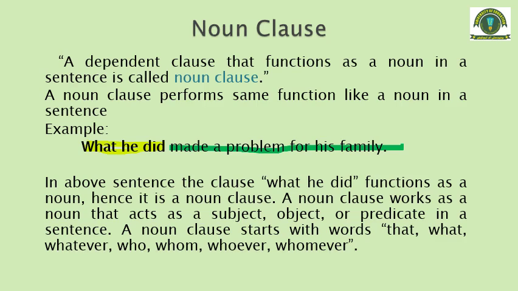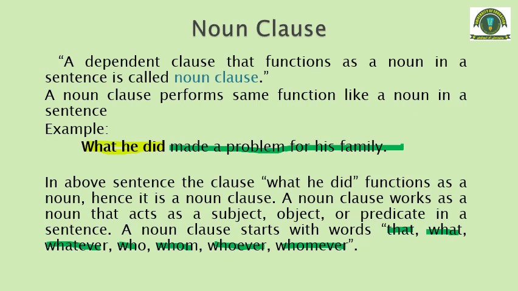Now the question arises: how can you identify a noun clause? For that you should keep in mind that the words or sentences or phrases that begin with that, what, whatever, who, whom, whomever, or whosoever are called noun clauses.